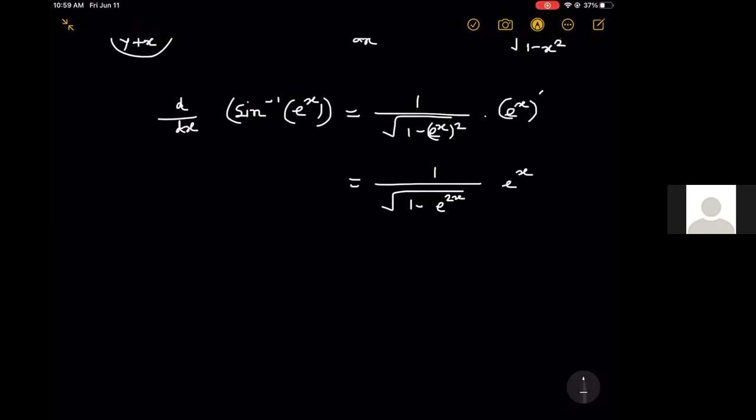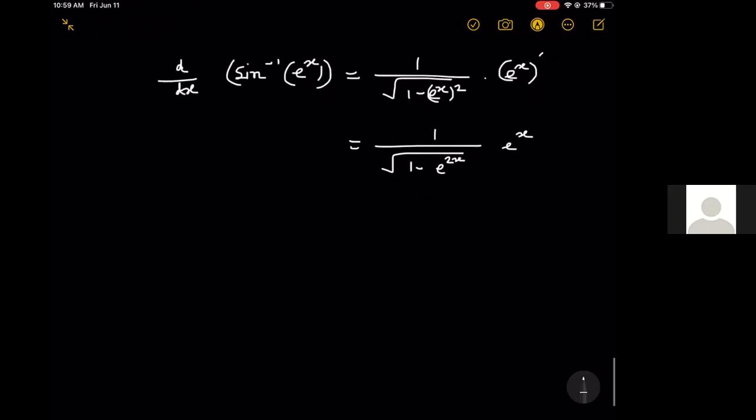Would it not be e to the x divided by the square root of 1 minus e to the 2x? I didn't understand. Would you please repeat it? So would you not just multiply that e to the x across the top so that it's e to the x divided by, yeah, like that, divided by the square root? It's actually the same thing. Okay. No worries. Yeah.